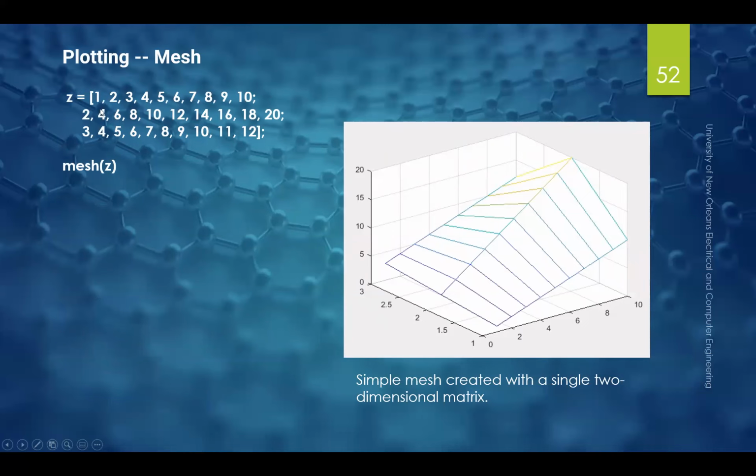So as you can see here, in this direction I go up to 10, and in this direction I go up to 20. Since I'm not defining any of the axes that I want to see, MATLAB automatically decides the best way to plot it as a mesh, to give you a better view, if you will. So that statement, mesh, simply created a single 2-dimensional mesh of a two-dimensional matrix. That's all. All right.